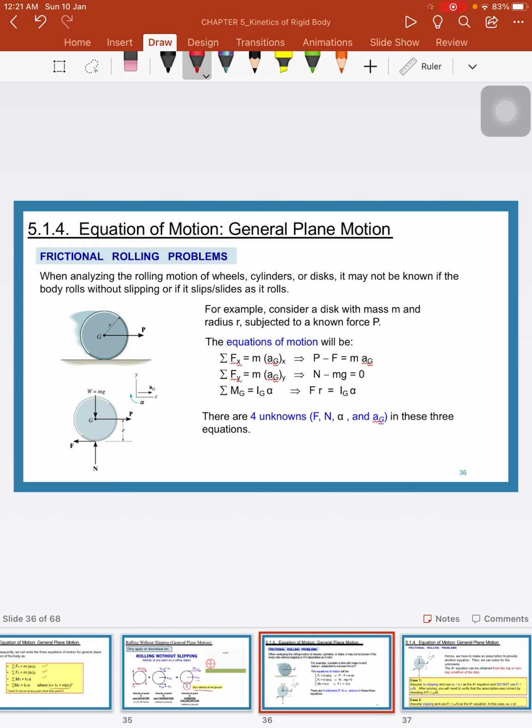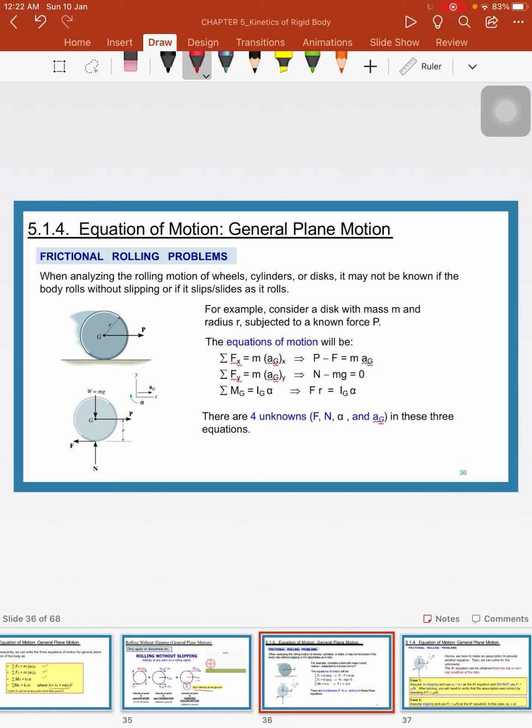Next, frictional rolling problems. When analyzing the rolling motion of wheel, cylinder or disc, it may not be known if the body rolls without slipping or if it slips or slides as it rolls. So for example, consider a disc with mass m and radius r subjected to a known force P, like in the figure.